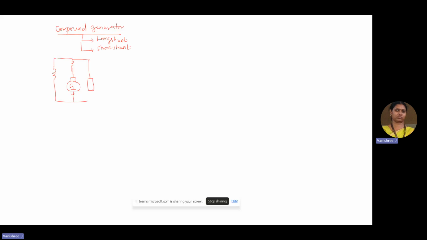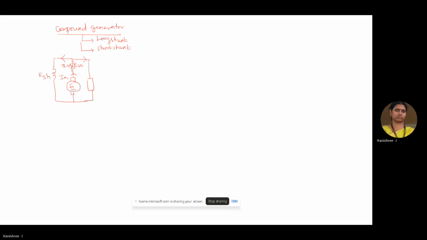So the first diagram which is drawn is a long shunt. You can see that this is the armature and this is the series field winding, which is in series with the armature, and the shunt field winding is parallel to the combination of the armature and the series field winding. The current emerging out of the generator is IA, and the current circulating through the series field winding is ISC.